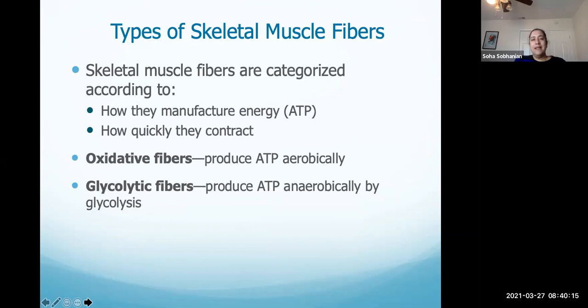So last but not least, we're going to talk about the concept of muscles in terms of how they use energy or how to create energy, and then how actively and how quickly they contract. So when we're thinking about production of ATP, which was our energy source for the cell, we typically think about presence of oxygen, right?